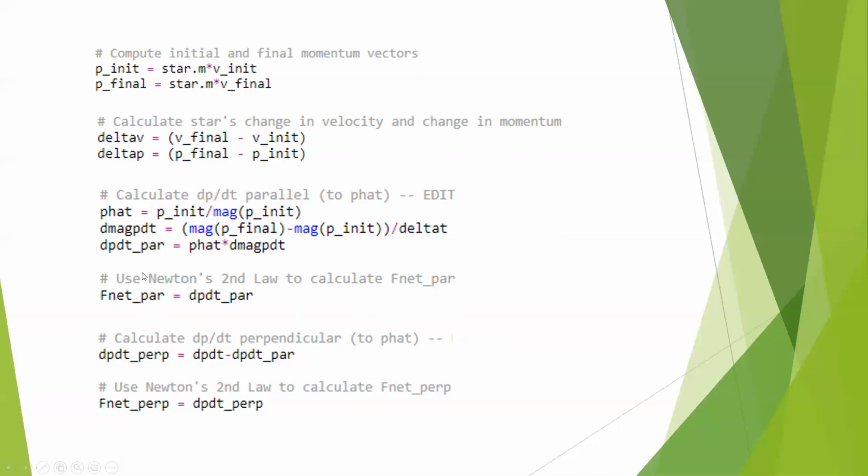I simplified some of the formulas here so that, as you can see, this dmagpdt is this entire formula, the magnitude of p final minus magnitude of p initial over delta t, and p hat times that, and F net is simply equal to that. So I just simplified that by replacing these here with this, so that F net is equal to p hat times dmagpdt.